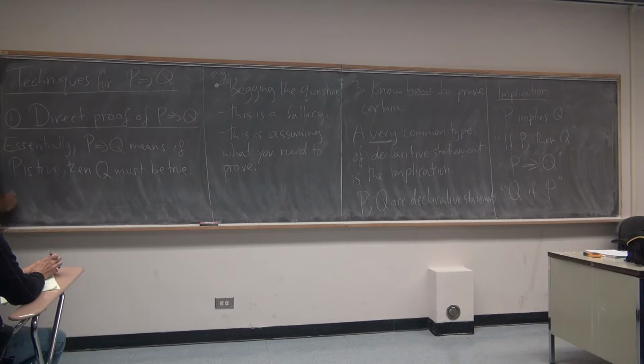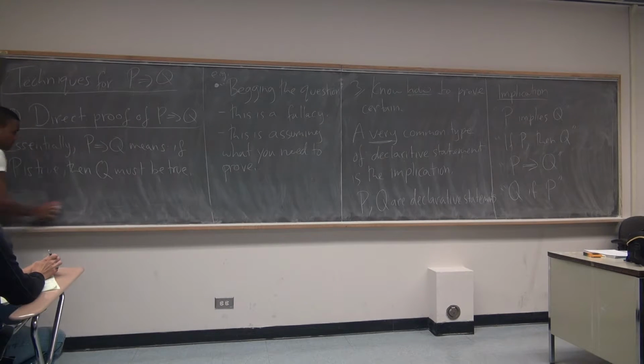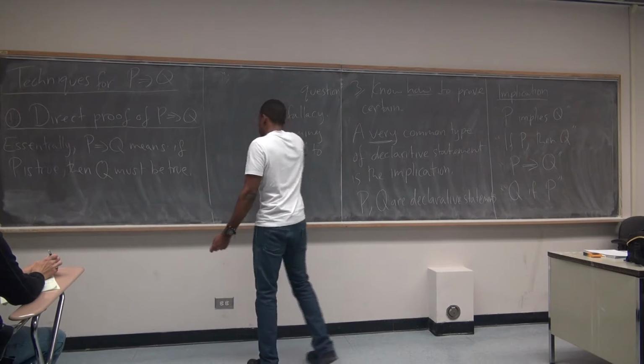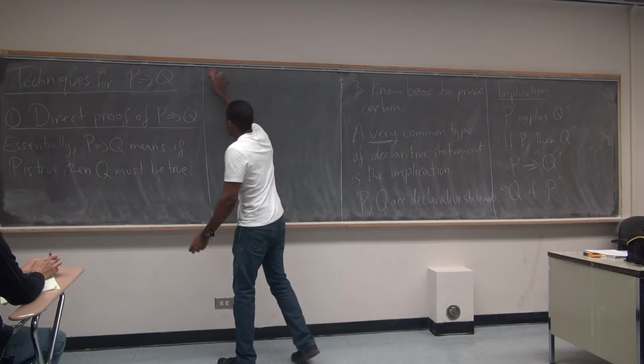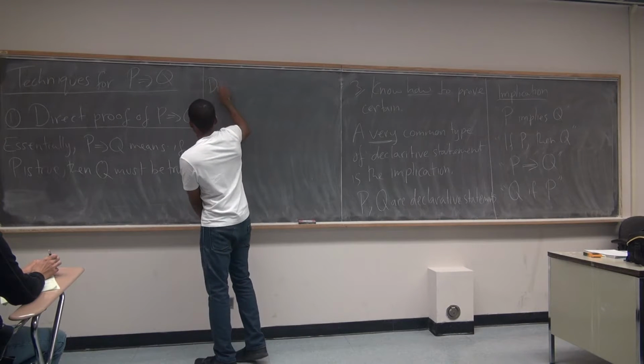So a direct proof involves, now this statement can be right or wrong. You can disprove a statement, which we'll talk about soon. But let's assume P implies Q is a true statement. How would you actually prove that it's true? The direct proof says do the following.